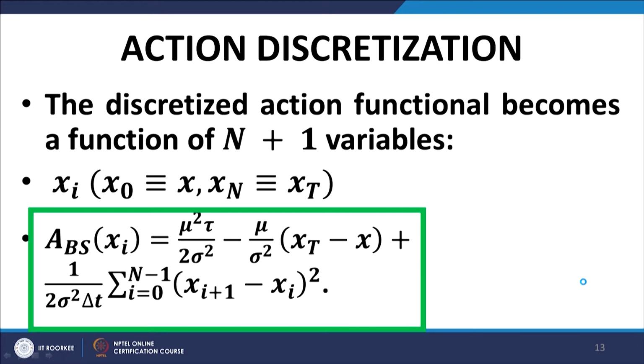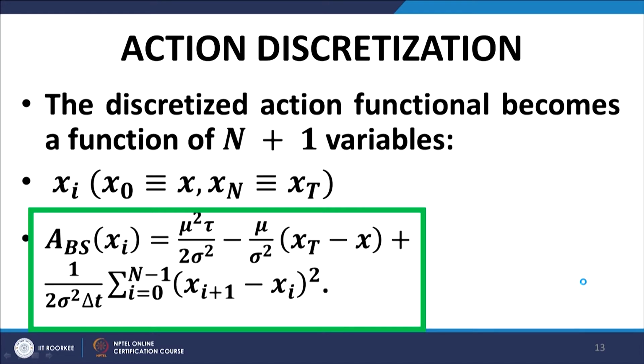And of course, there are n minus 1 other intermediate nodes on the timeline, at each of which the price is S_i and the logarithm of the price is log of S_i, denoted by x_i. So the action functional is a function of all these n plus 1 variables.